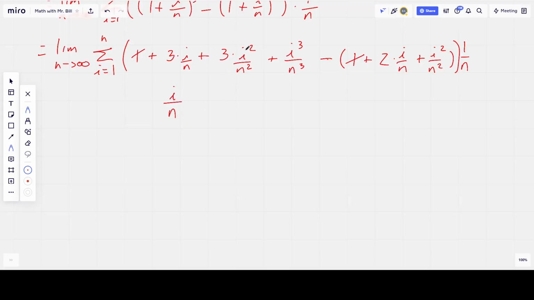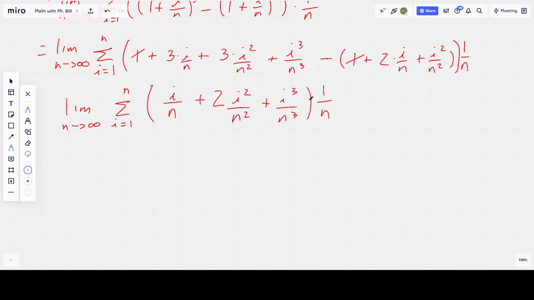And then we have 3i squared over n squared minus i squared over n squared. So that's going to give us plus 2i squared over n squared. And then plus i cubed over n cubed. And so all of that is going to be multiplied by 1 over n. And we'll fill in the summation and the limit really quickly.